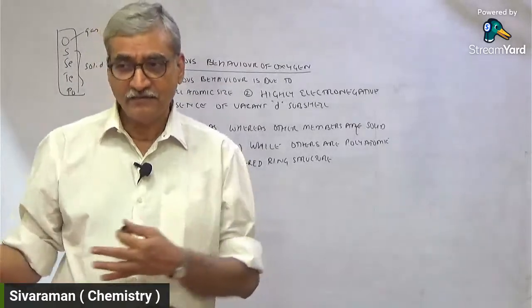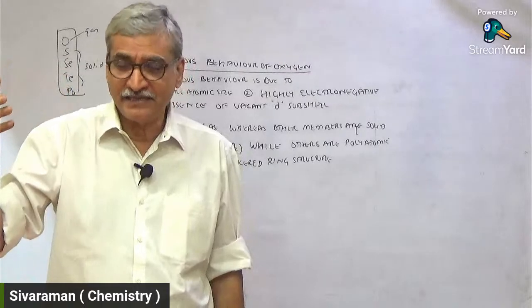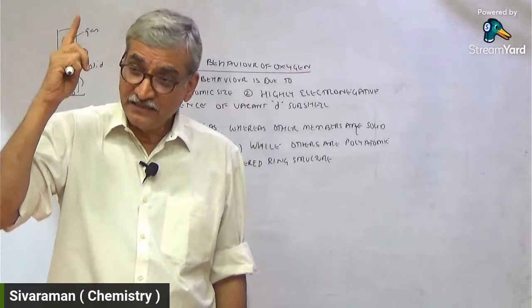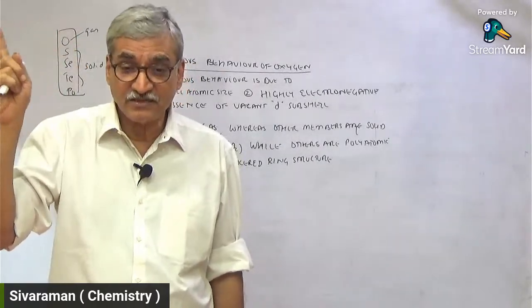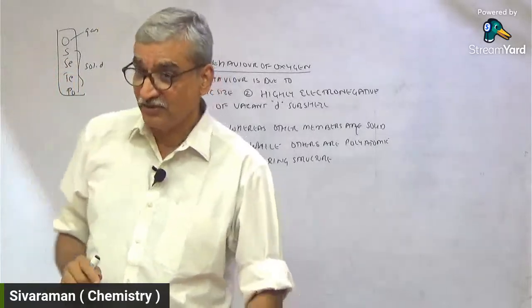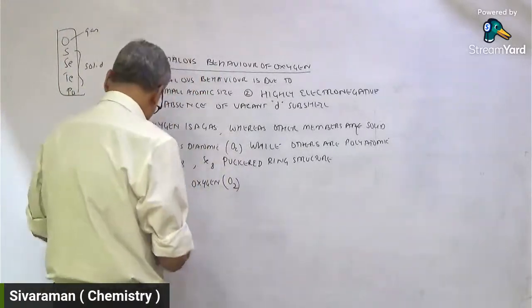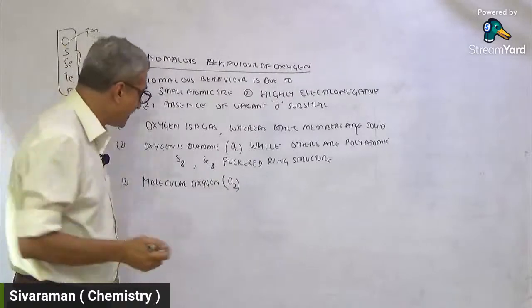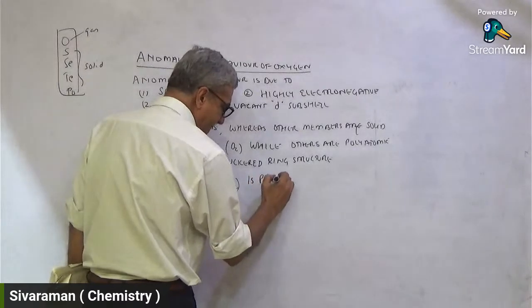In molecular orbital theory we said oxygen is paramagnetic because it has two unpaired electrons in the sigma star 2px and sigma star 2py anti-bonding orbitals. Remember that, that itself is an MCQ on its own. I'm just revising in case you have forgotten: molecular oxygen is paramagnetic.